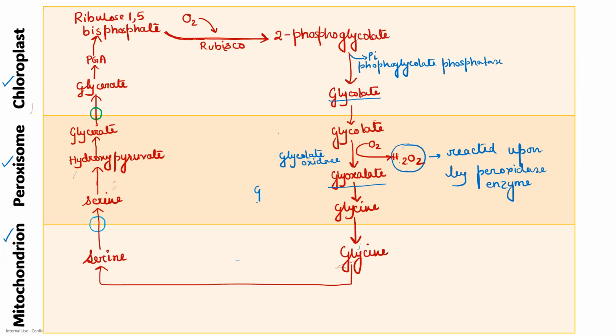Glutamate glyoxylate aminotransferase. This is the enzyme which forms glycine. This glycine then gets converted to, or it forms serine.